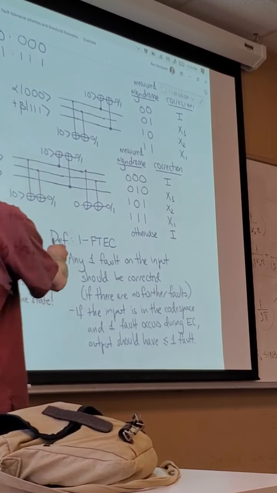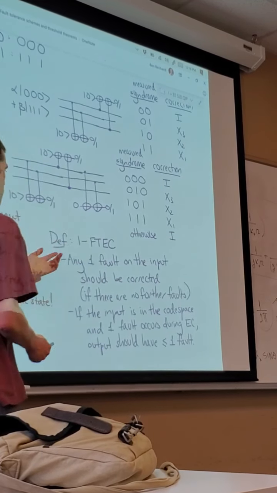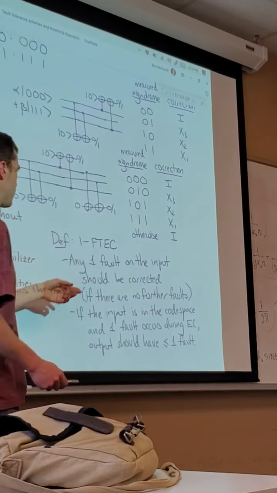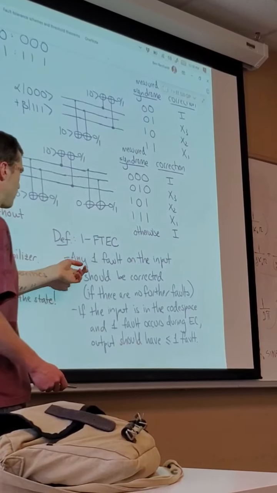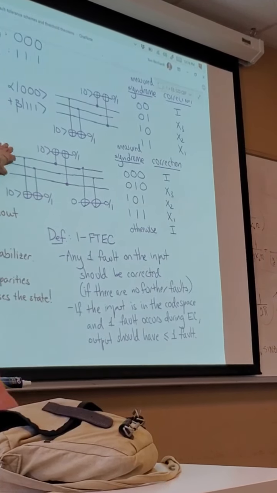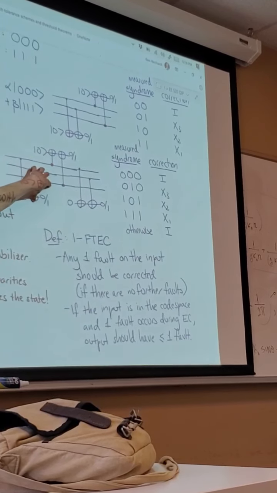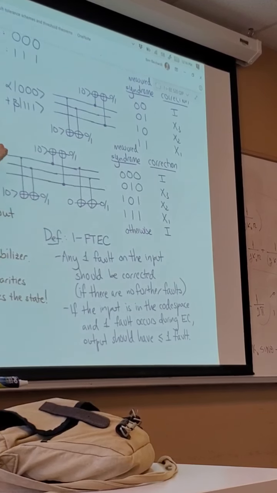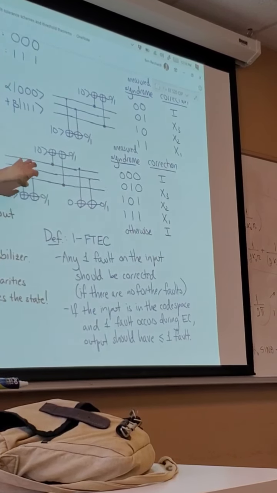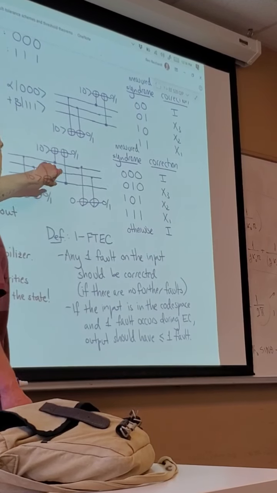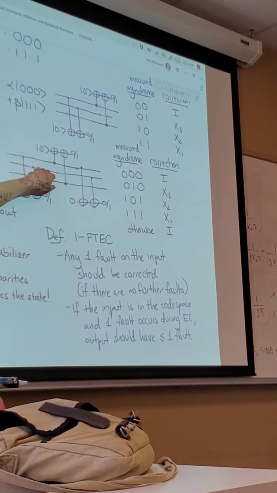And this definition, again, naturally generalizes. So if we want 2 fault tolerance or 3 fault tolerance, it becomes more complicated. You say that the faults can be partitioned between input faults and internal faults. The input faults have to be corrected, and the weight of the output error should be at most the number of internal faults.